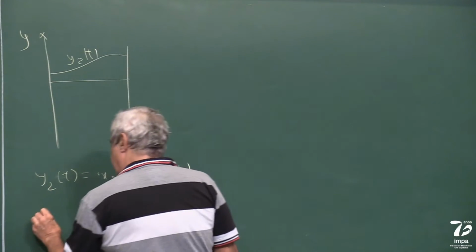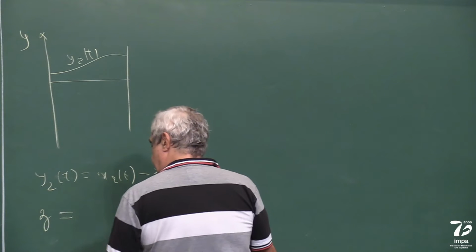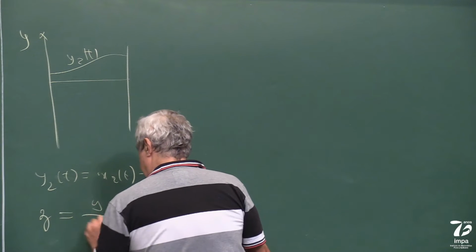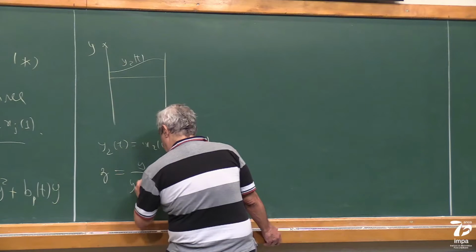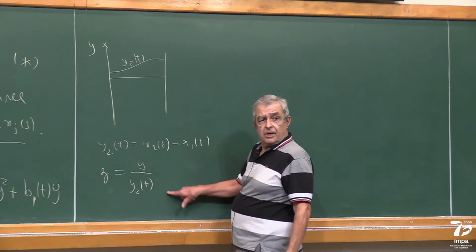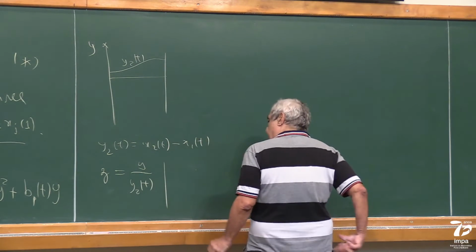So now I do another change of variables. Zeta equals y over y2. Since y2 is not equal to 0, I have the right to do this change of variables.